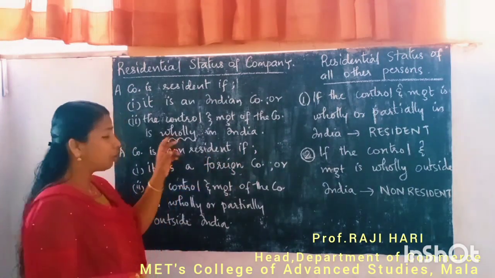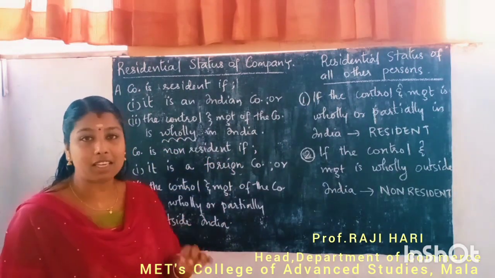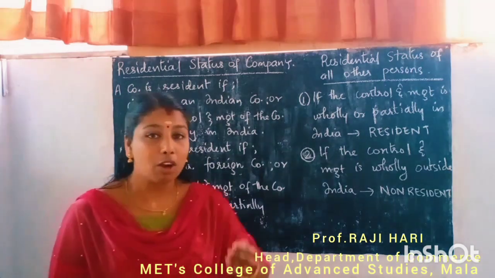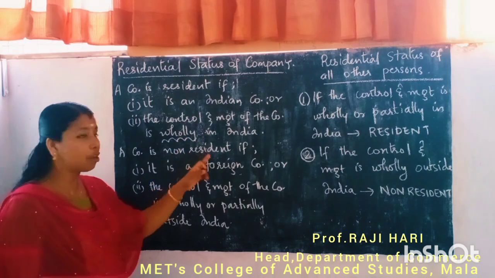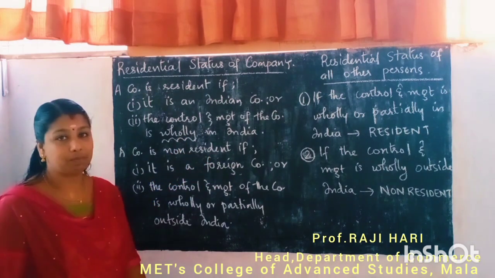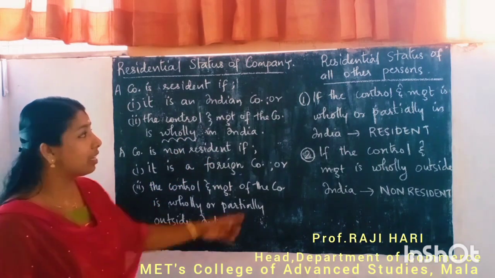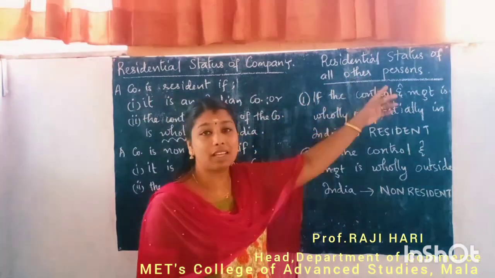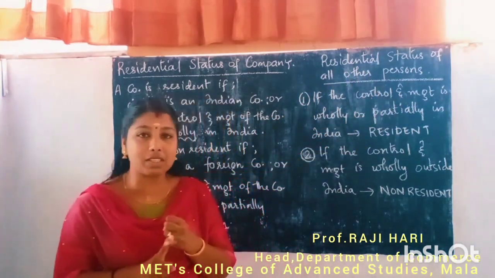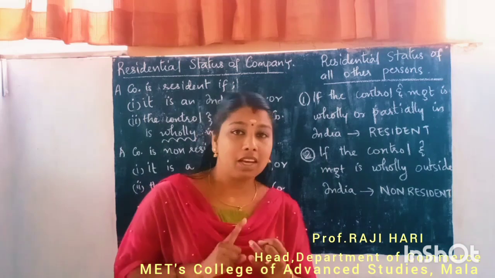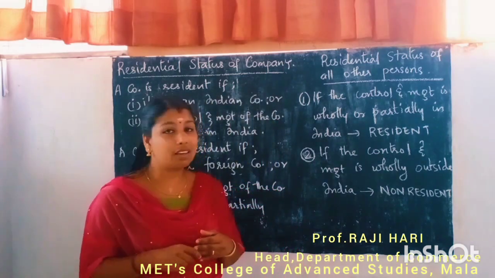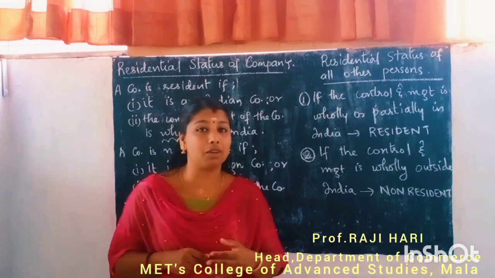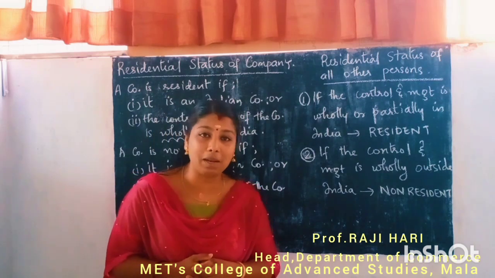Okay. To make a company resident in India, the control and management must be wholly from India. If it is partial, it is termed a non-resident company. So next is the residential status of all other persons. What are the other persons? A firm, association of persons, body of individuals, local authority and artificial juridical persons.